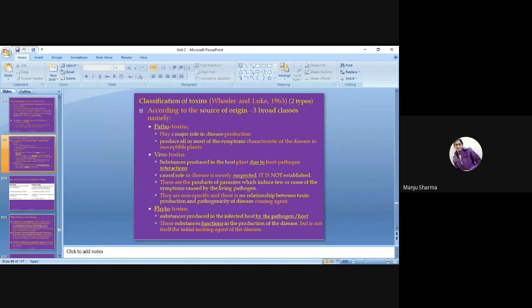After that, classification of toxins, by Wheeler and Luke in 1963.